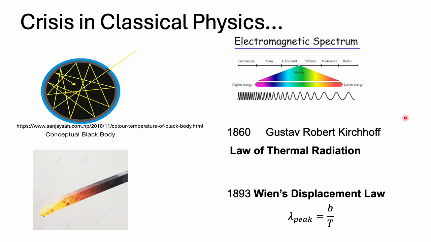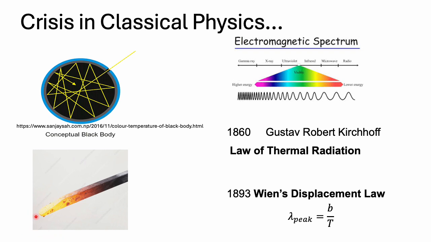So, basically, a black body is an idealized physical object that absorbs all incoming radiation or light and emits radiation at all wavelengths. So the emission of this radiation depends only on the temperature of the black body, not its material or surface properties. Say for example, this picture.